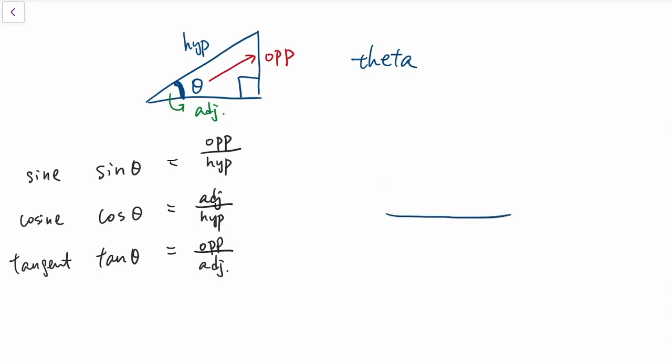So the question usually looks like this. They'll give you a right angle triangle, and they would specify one of the angles, as in that's the angle you should focus on. And then they would give you one of the sides, and they will probably denote one of the other sides with an unknown, and you're supposed to find the unknown. So what you do is first recognize what are the sides that are given.